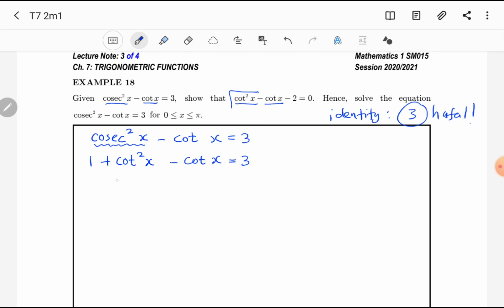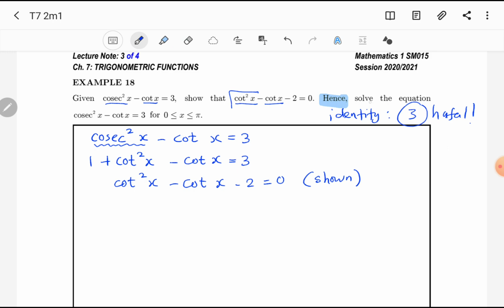Okay, we simplify. So we will get cot squared x minus cot x minus 2 equals to 0. Okay, shown.